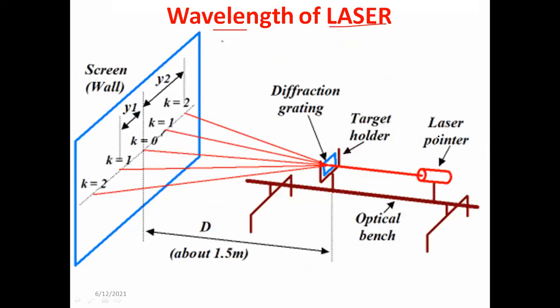Here once again we have a laser pointer which throws light towards the diffraction grating, and there is a holder. We have targeted the laser beam on the diffraction grating, and to hold the diffraction grating we have a frame, which is known as the target holder.